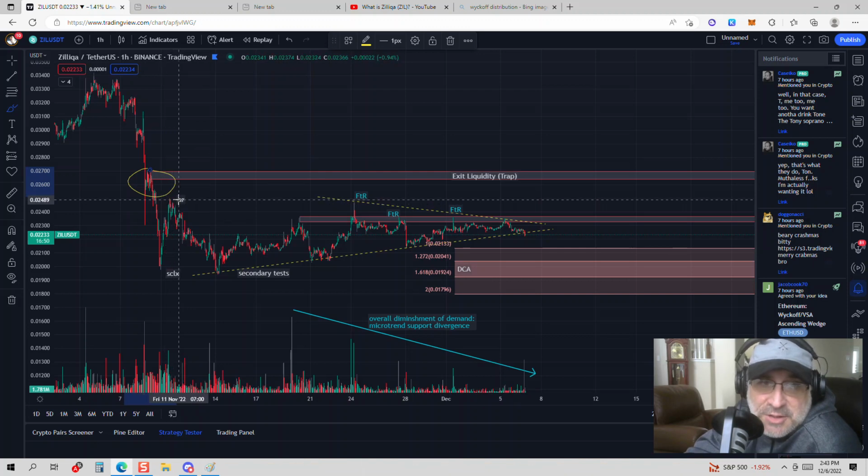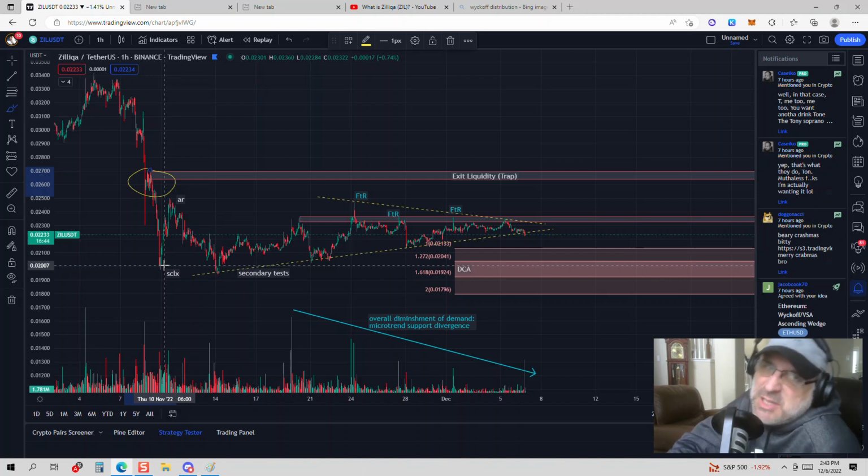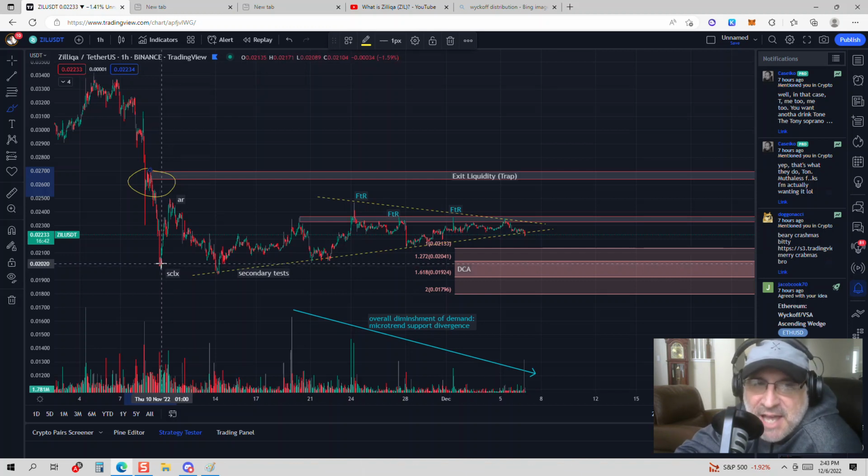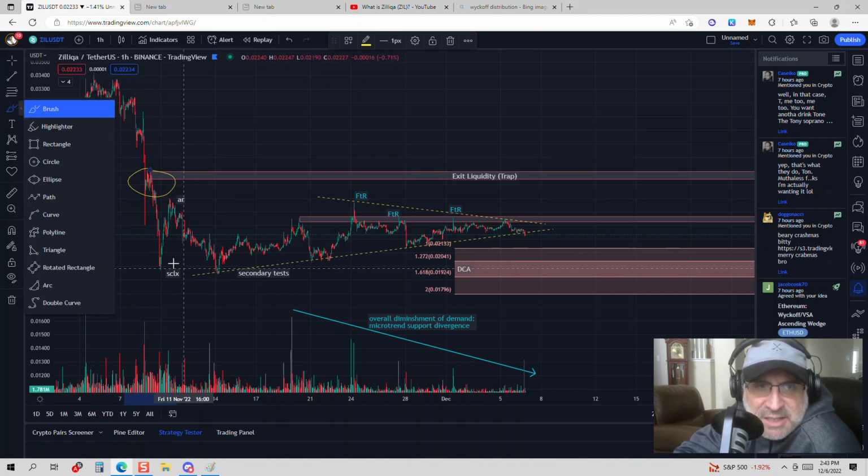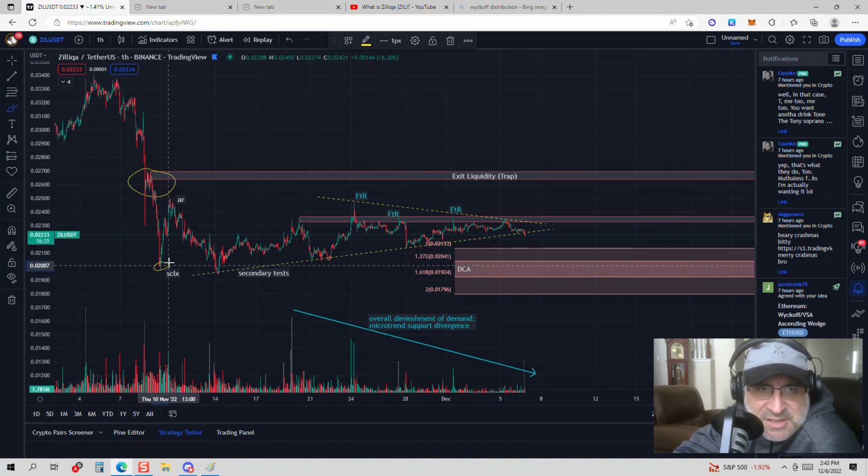Sometimes the automatic rally comes back down and zeroes out, or mitigates the point of the selling climax, basically reconciling this liquidity void on the downside. We see that it did that here.